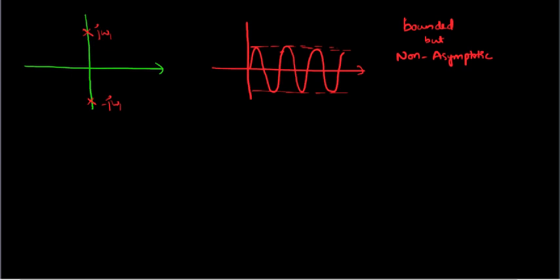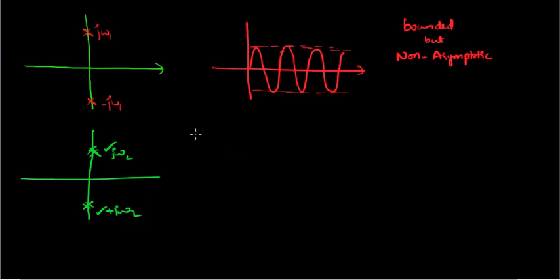Let us see another case where these complex conjugate poles present on the j omega axis are multiple in number at the same point. Here we have two roots at exactly the same point, say j omega 2, and this is minus j omega 2.